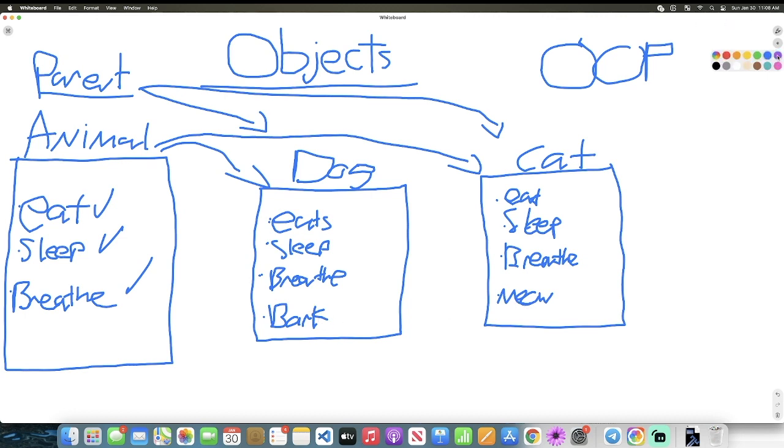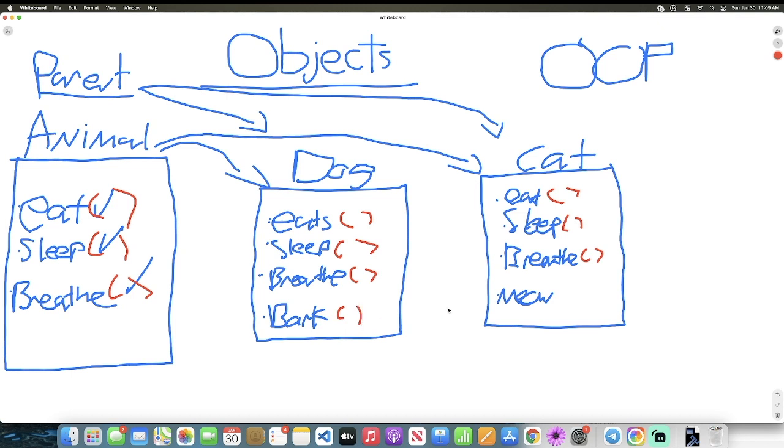So the key thing to actually learn about all this, fellas, is that if your parent is giving its, in this case, we could say these are functions: eat function, sleep function, breathe function. Well, if the dog inherits from animal, the dog is going to eat the exact same way, sleep the exact same way, breathe the exact same way. And if the cat is inheriting all the properties and functions of animal, a cat's going to be able to call that sleep function, that eat function, and that breathe function, right?